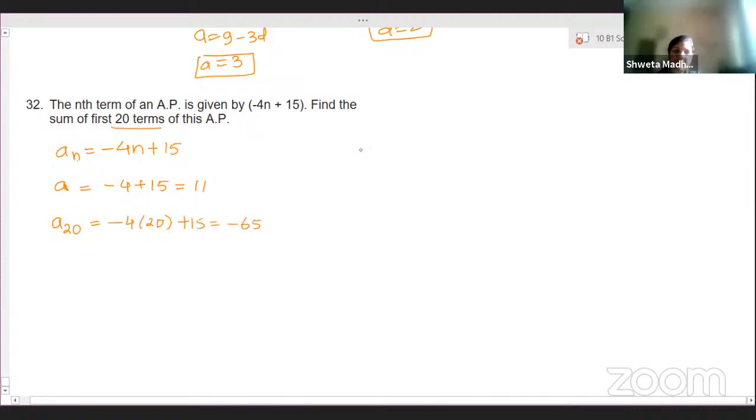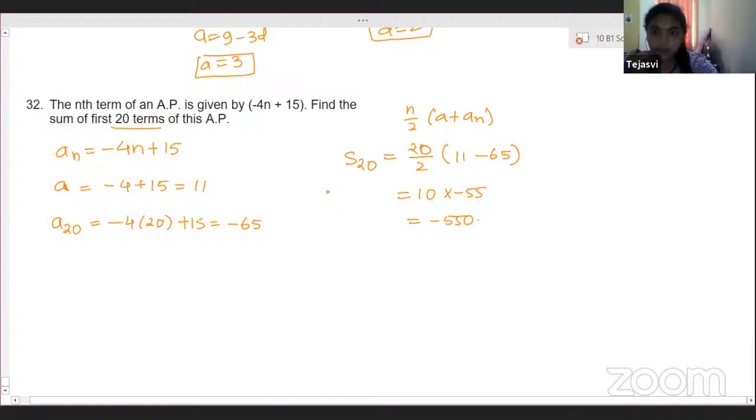So you have to calculate S20. What is S20? n by 2 into A plus An. A is 11, An is minus 65. So 10 into minus 54, that is minus 540. 11 minus 65 is minus 54.